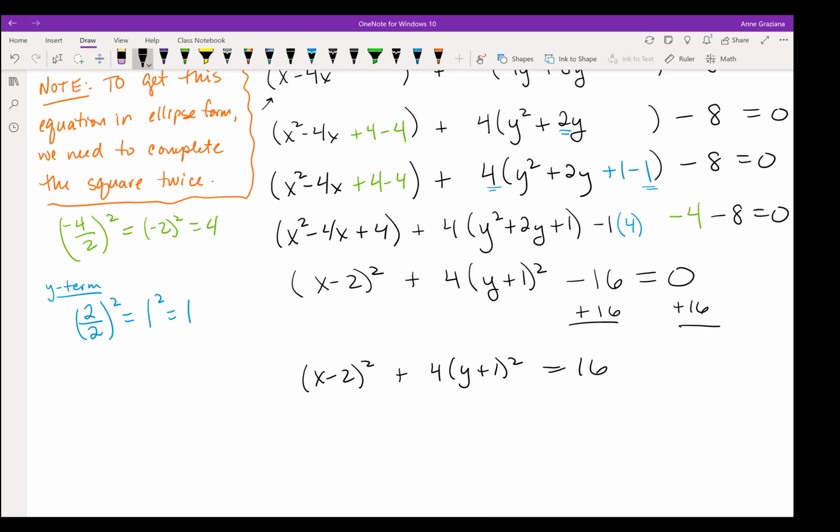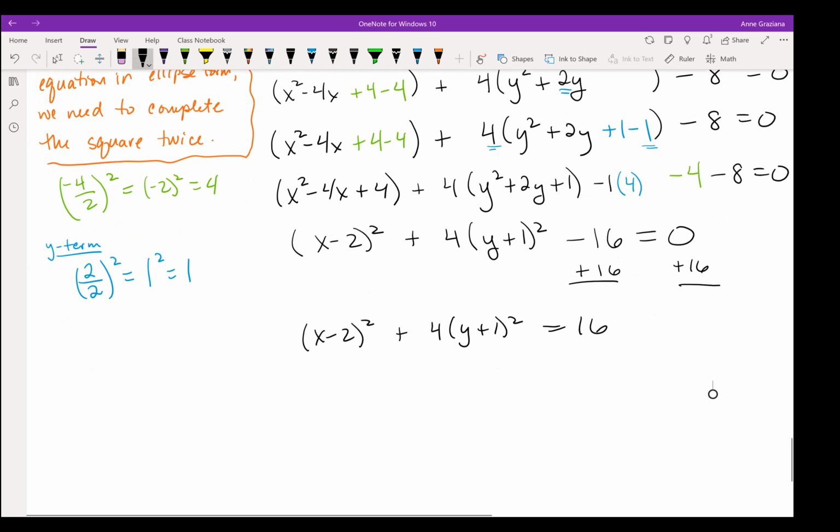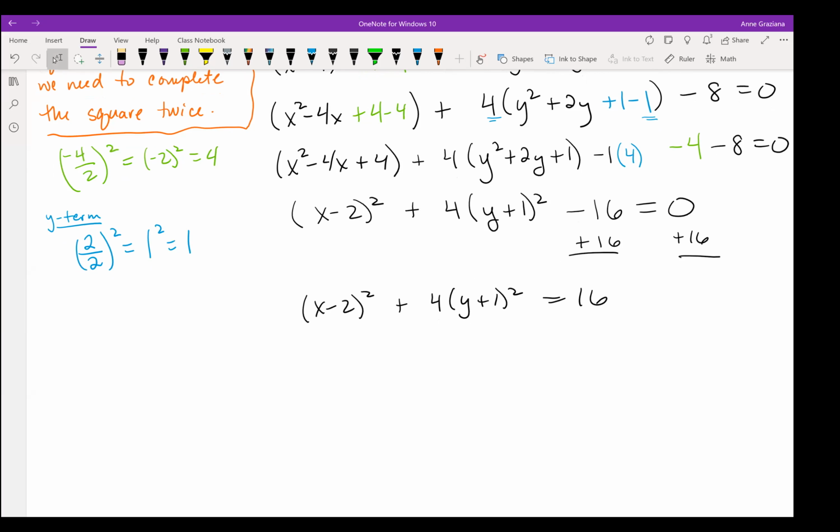Now, if there was nothing in front of that y plus 1 squared, it would clearly be a circle, but that is not the case. So now we're going to divide everything by 16. Okay.